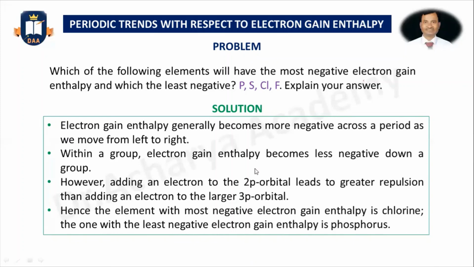If you see the periodic table, in the group it is below the other elements, and that's why chlorine has more negative electron gain enthalpy and phosphorus has less, that means the least negative electron gain enthalpy.